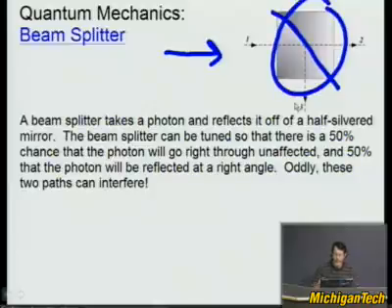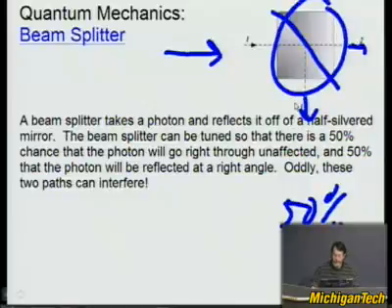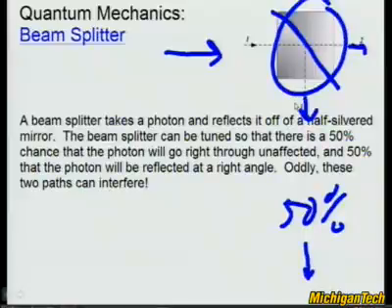It can come out here, or it could come out here. And if you tune it just right, and it might be tuned by the energy or wavelength of the photon, you can get it so that 50% of the time it comes down here, and 50% of the time it just continues straight. So these are pretty interesting.